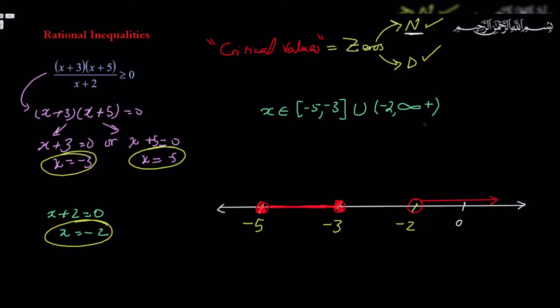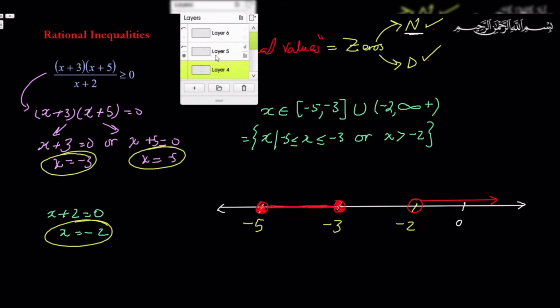Okay, you can write it like this if you like, or you can just use the set notation. The solution is a set of all x such that x is greater than or equal to negative 5 and less than or equal to negative 3. You can combine that too, or x is greater than negative 2. So that's set notation. So these are different ways of writing the answer to this particular inequality.